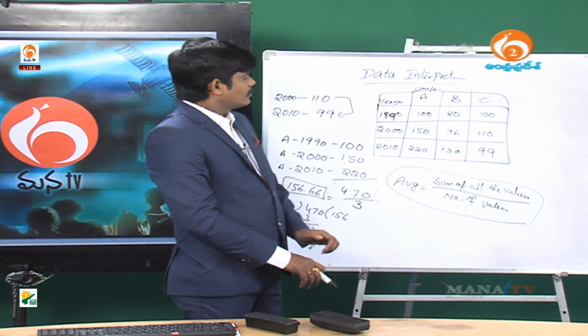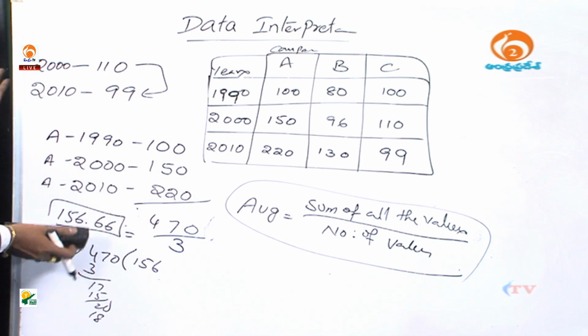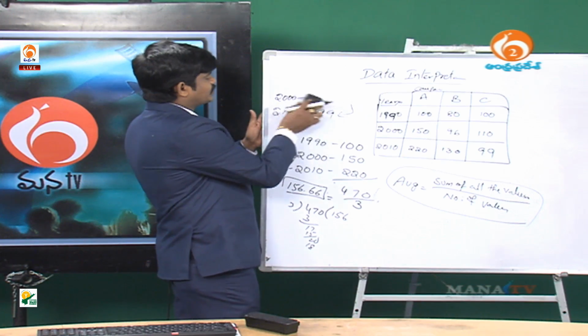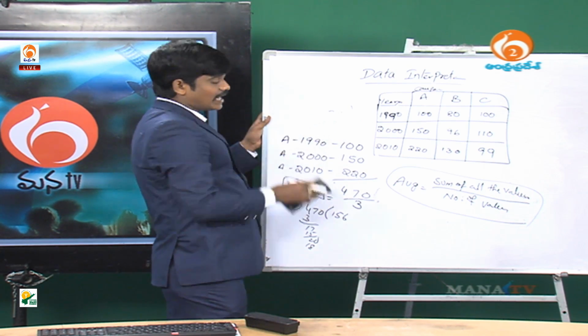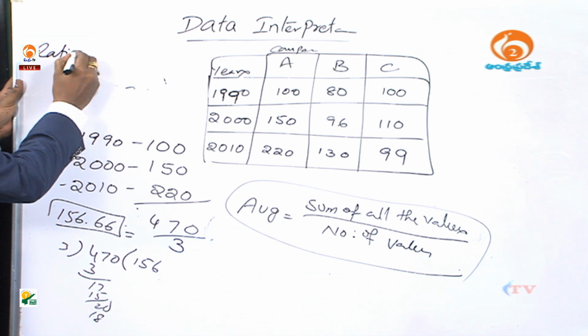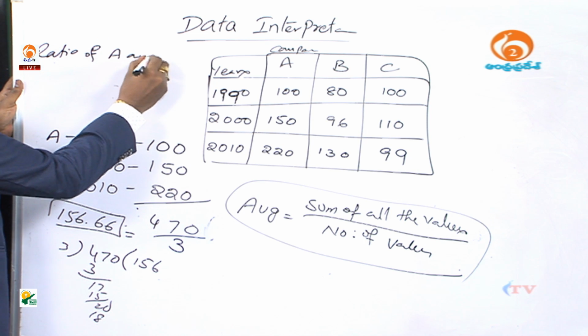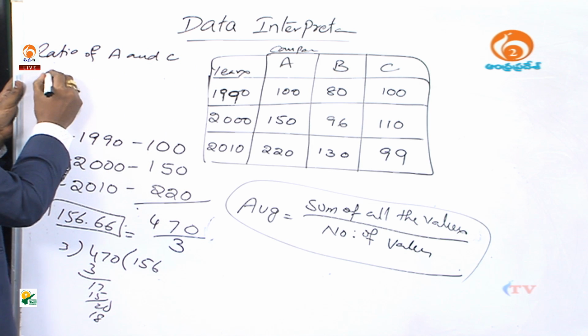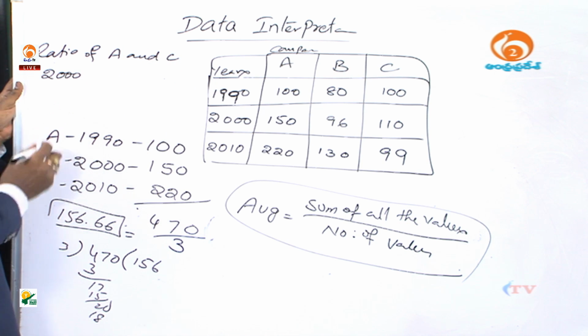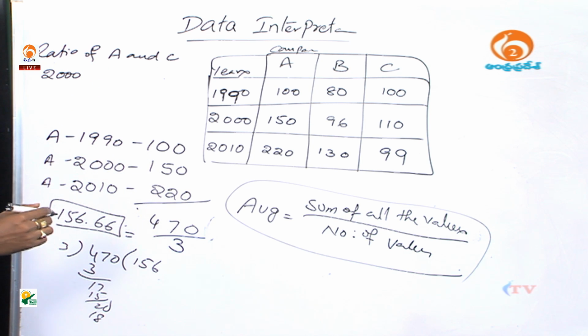Next, for example, they ask: what is the ratio of production of company A and C in 2000?